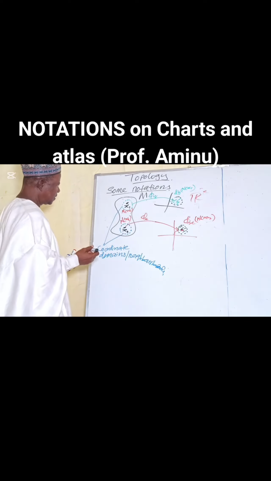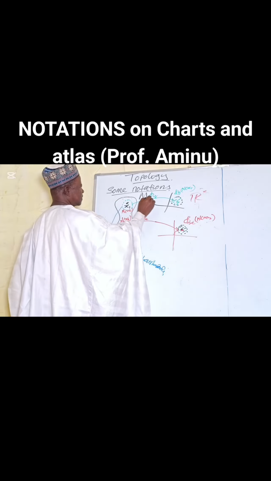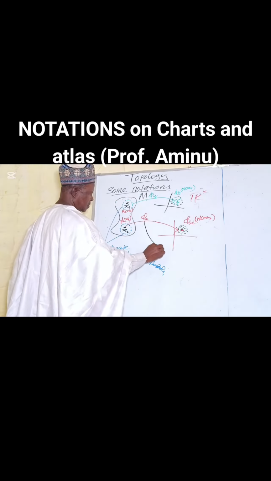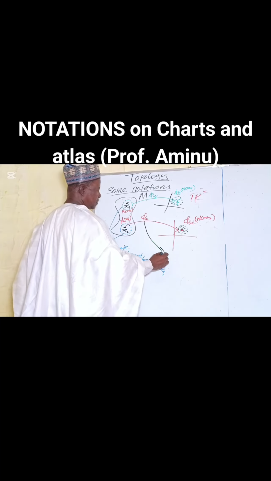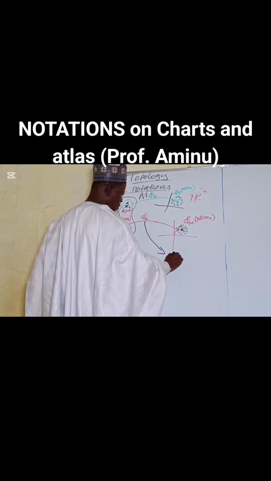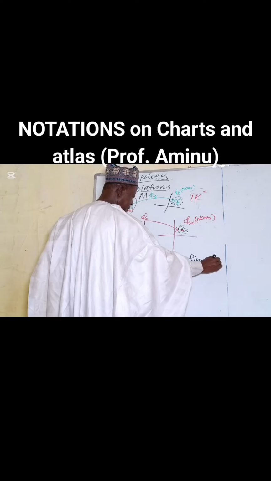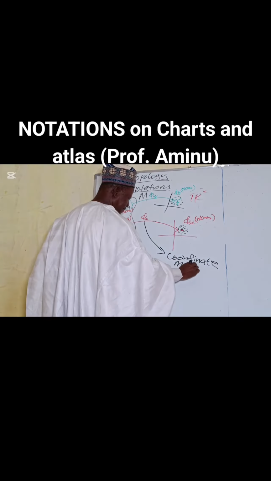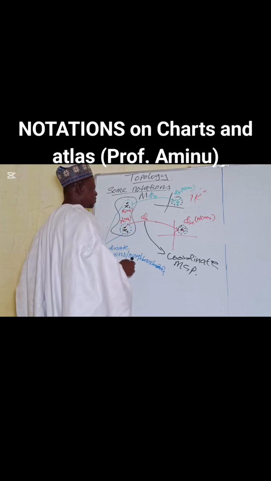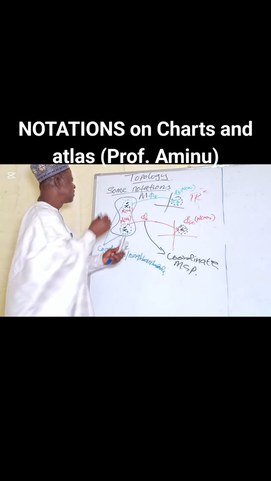Okay, then these maps, they have a name. We call them coordinate maps. Each one. So this phi X is a coordinate map.